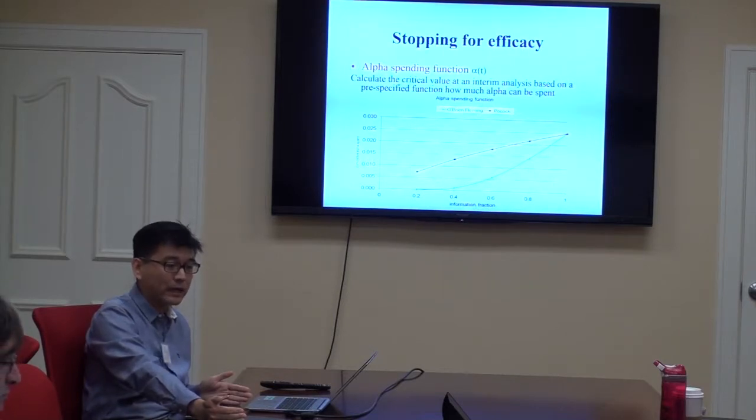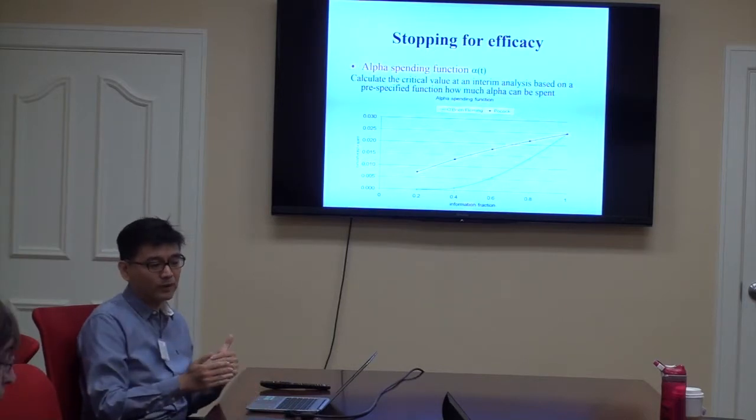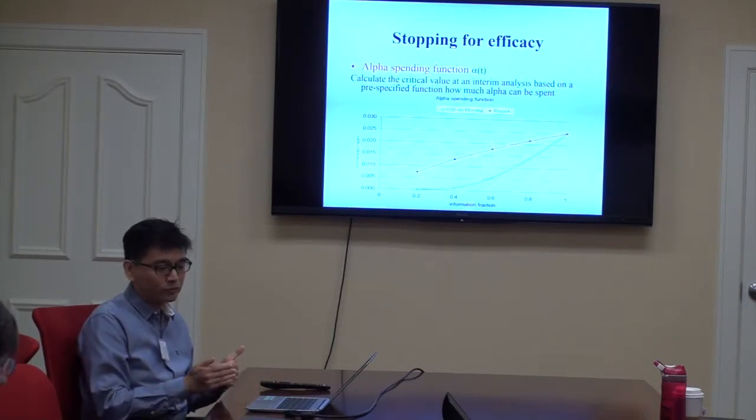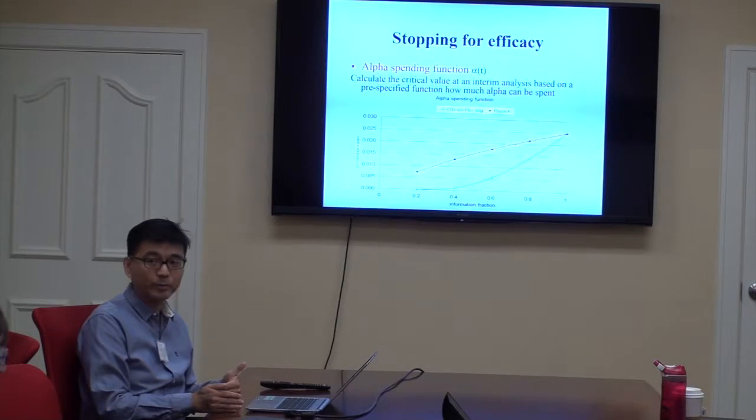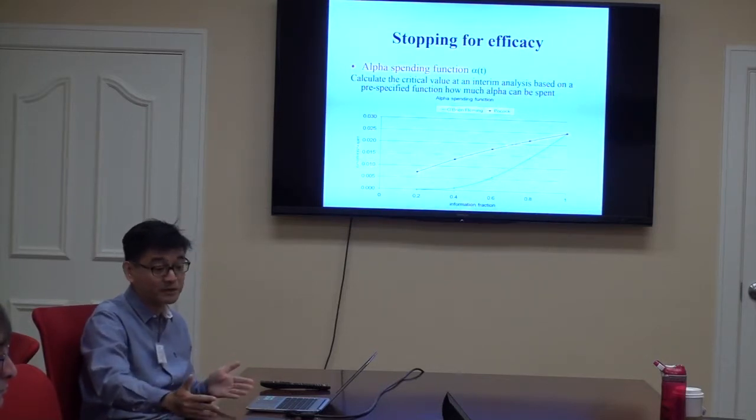So for example, if you plan the study to have a maximum sample size of 100, and at the interim analysis you have 30 subjects, the information fraction will be 1/3. So this is one way to calculate information fraction if you have a continuous endpoint. If you have a survival endpoint, then you define the information fraction by the number of events that you see, relative to the number of events that you expect to see.